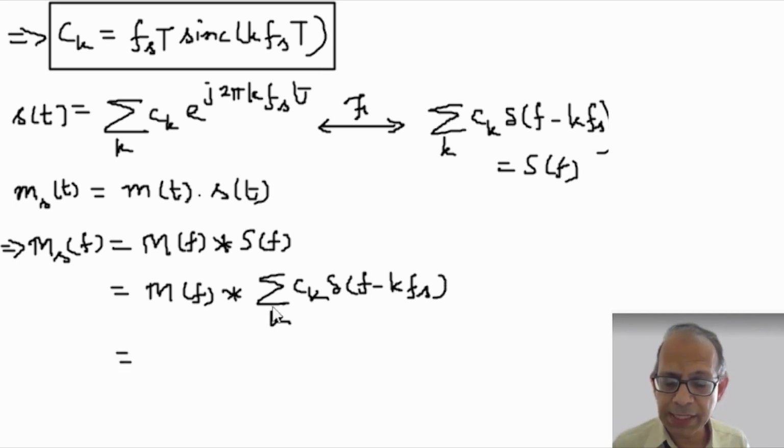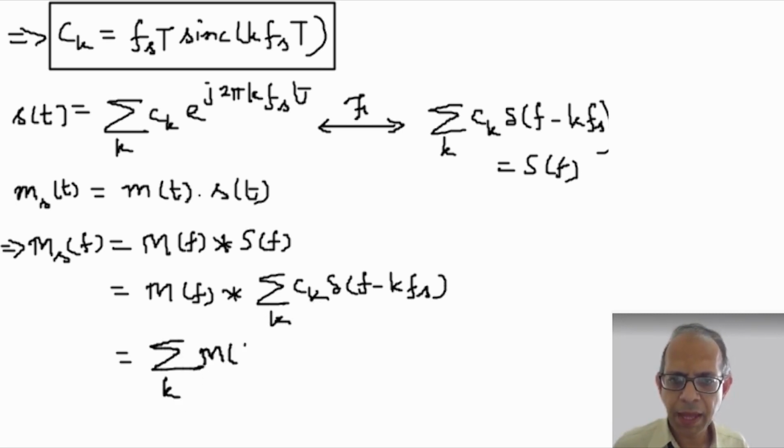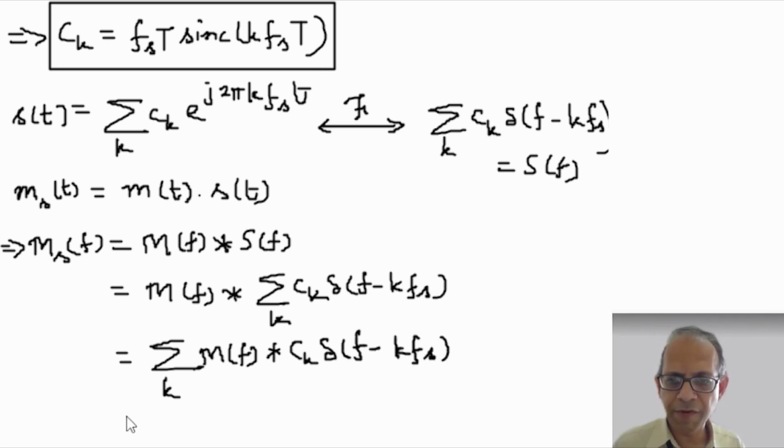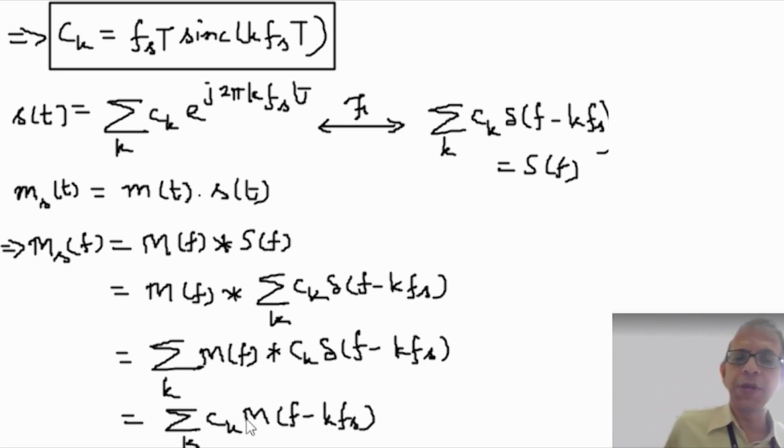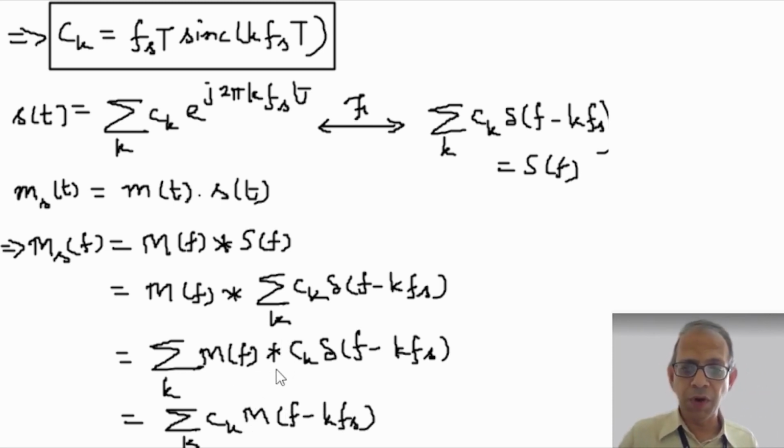Now we can take M(f) inside the summation using the distributive property of convolution, and we get summation over all k of M(f) convolved with ck times delta(f minus k fs), which can finally be written as summation over all k of ck M(f minus k fs), using the property of impulse function that when a function is convolved with a shifted impulse, we get the shifted function.